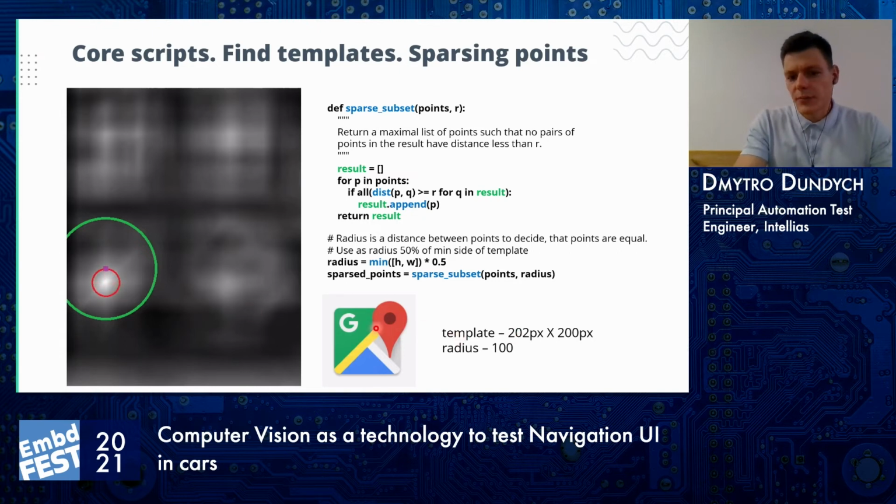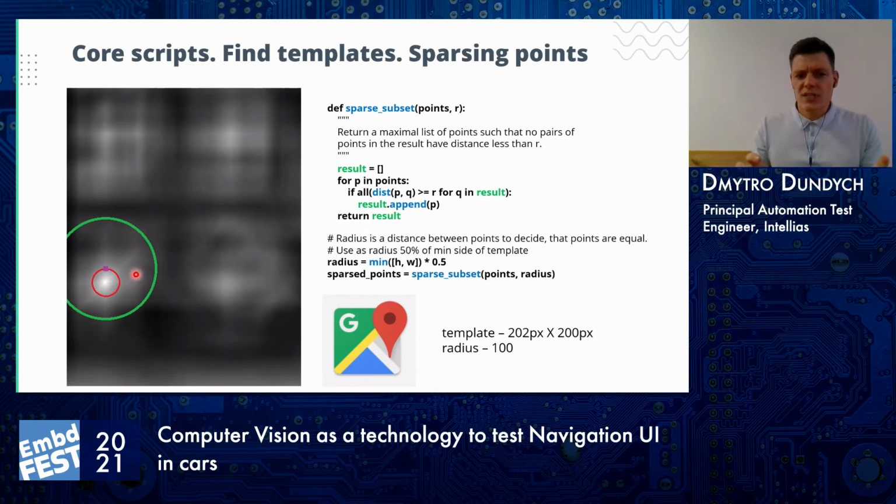So if we have a template for the Google Maps icon and we find it on our screen, we accept all these values from 90%, 95%, 100%, and how do we understand how many templates we found, because sometimes we find 100 template matches, but we know that there is only one icon template for Google Maps there.